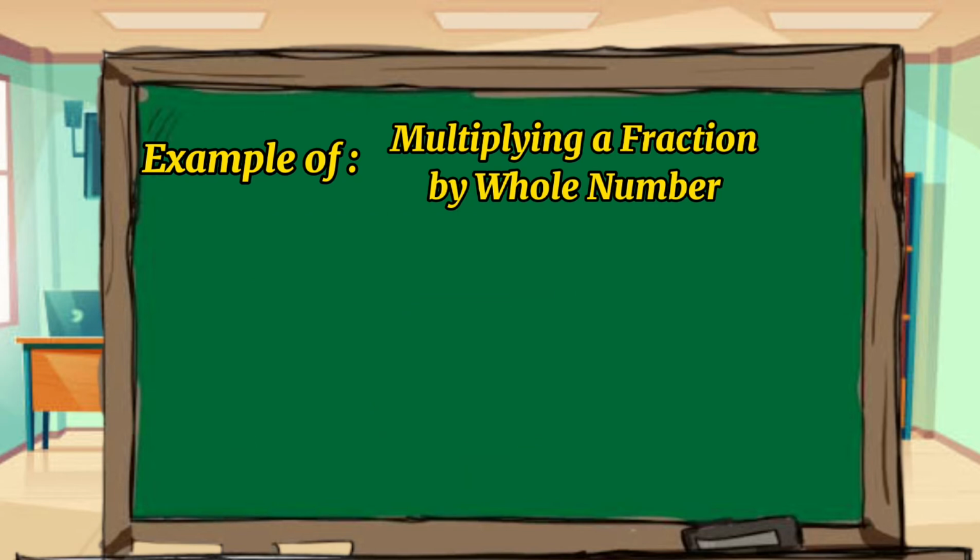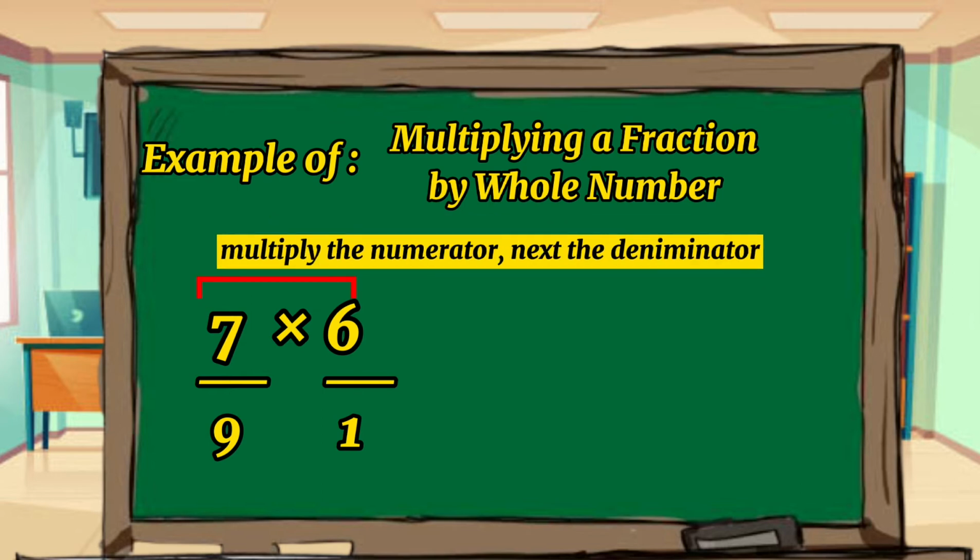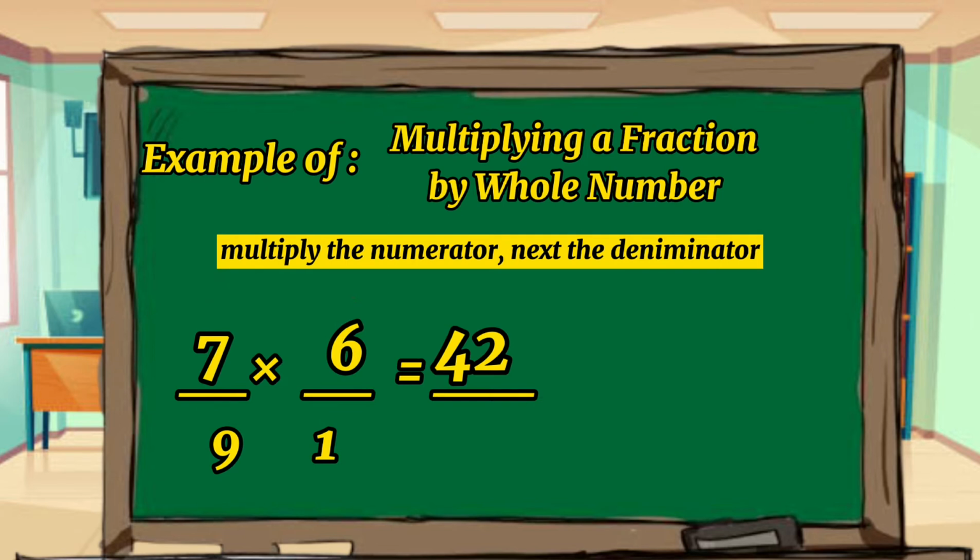Another example, 7 over 9 times 6. Again, express the whole number as a fraction with a denominator of 1. So 6 becomes 6 over 1. So 7 over 9 times 6 over 1. Multiply the numerators. 7 times 6 equals 42.